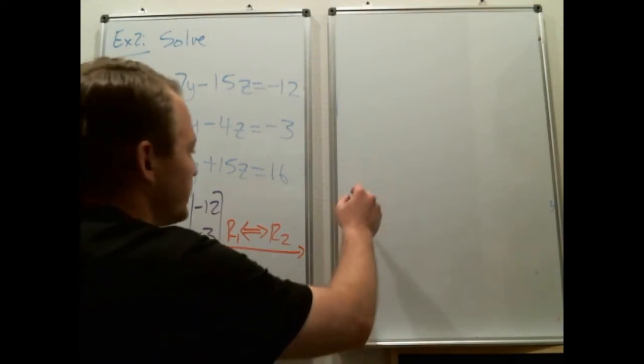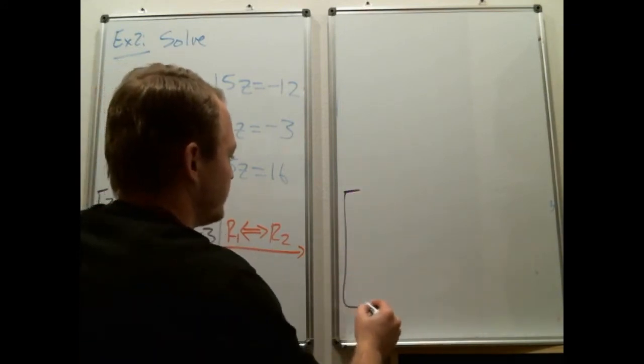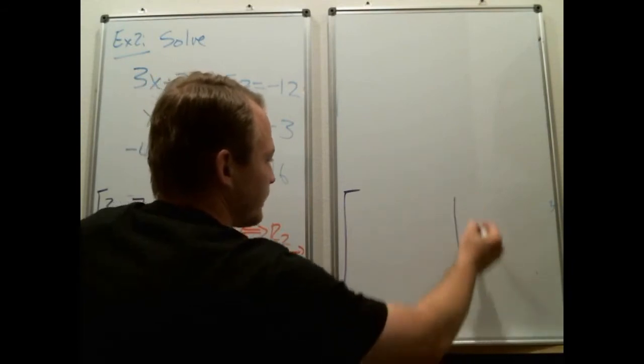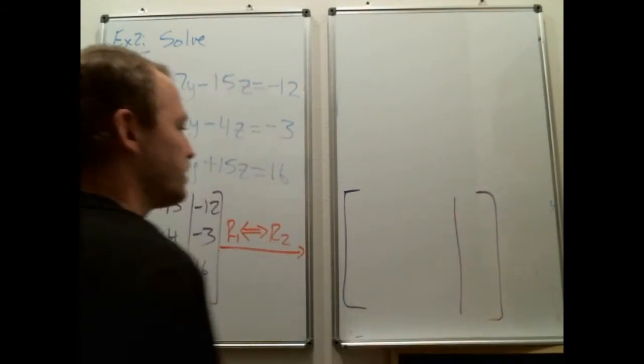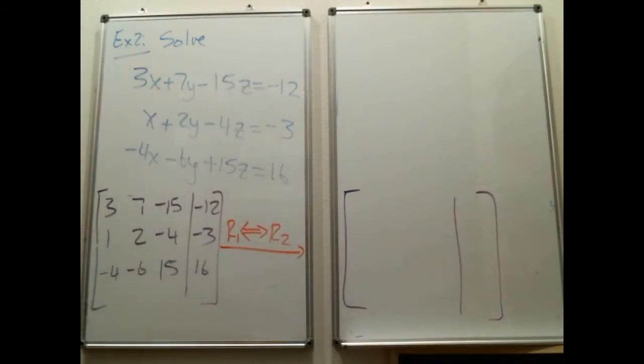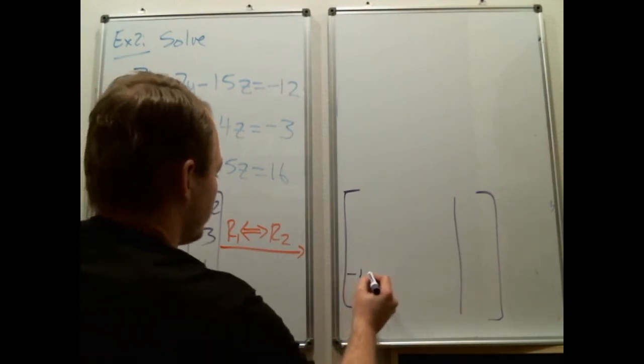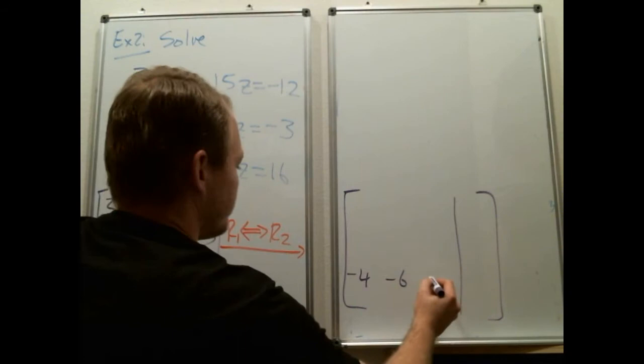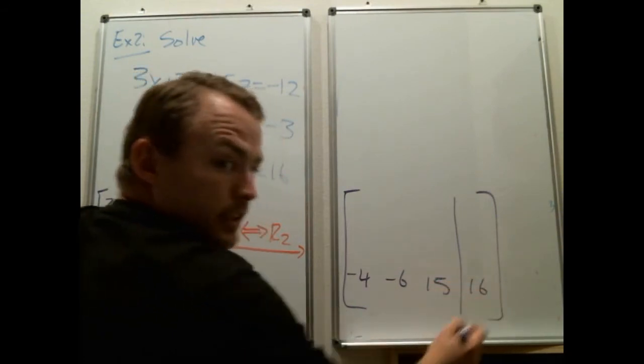So our new matrix, just go ahead and draw it. And then I like to write what's not changing. That seems to be very helpful for myself and other students I've found. Write what's not changing and then focus on what is changing. Row 3 is the only one not changing: negative 4, negative 6, 15, and 16.